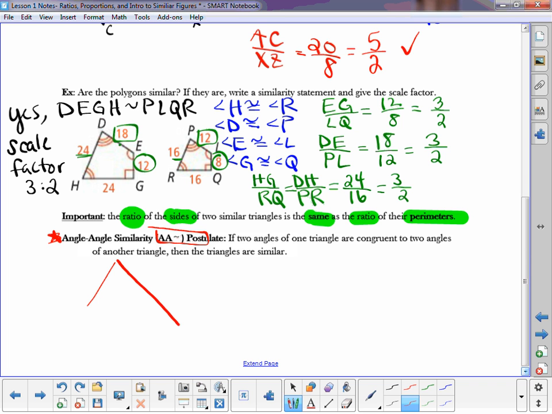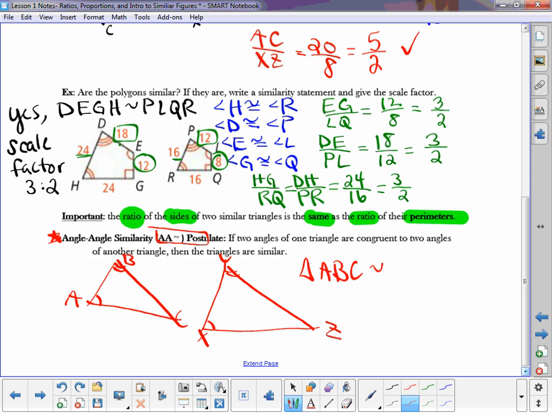So just like we had the shortcuts before, if I had triangle ABC and XYZ, and I was given that angle A is congruent to X and angle B is congruent to Y, based upon just that information, I could go ahead and state that triangle ABC is similar to triangle XYZ by the angle similarity postulate.